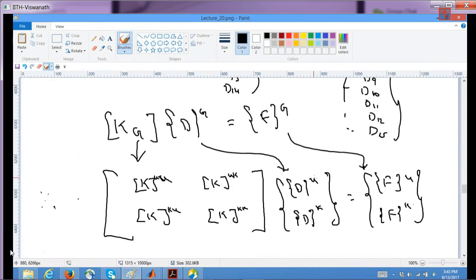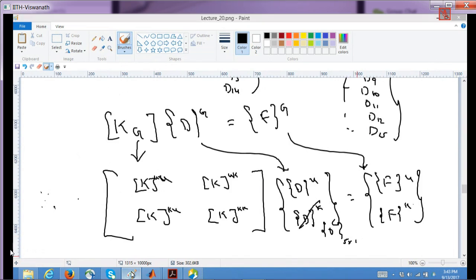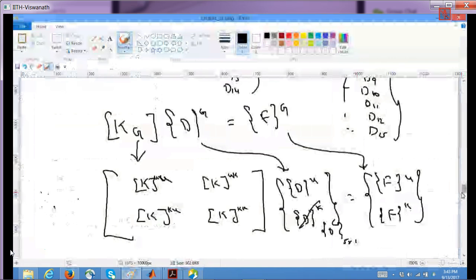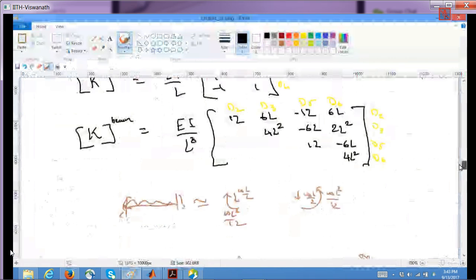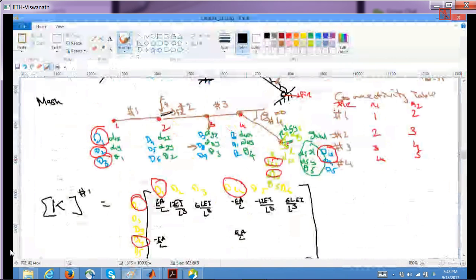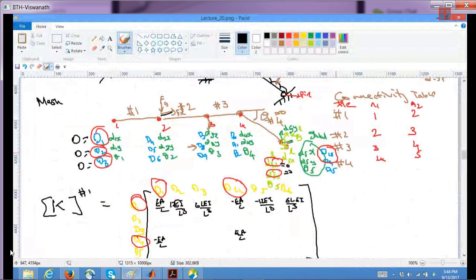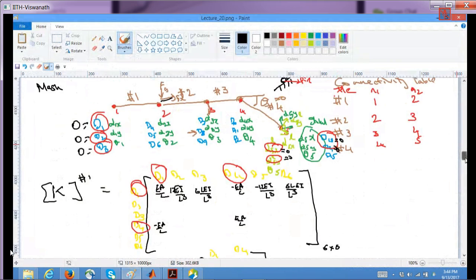Anyway, all of the knowns are zeros. So this is equal to 0, this is equal to 0, and these two are equal to 0. That means even when I multiply with the transformation, I get these two also equal to 0. So I know that D1, D2, D3, D13 and D14 are zeros.